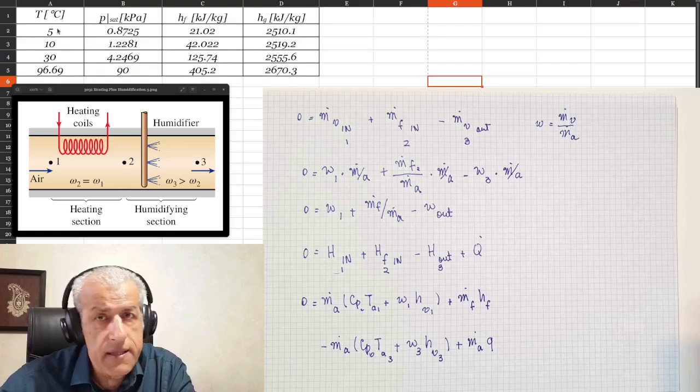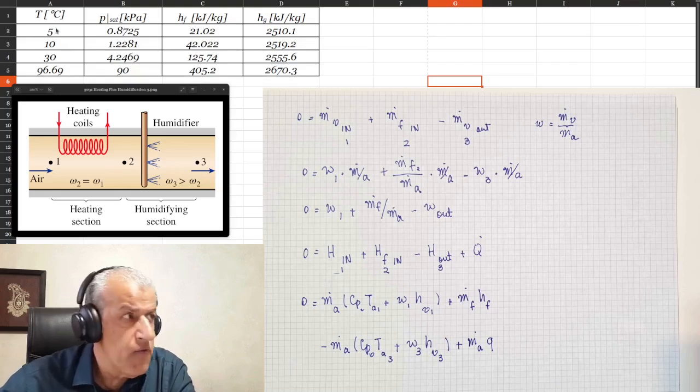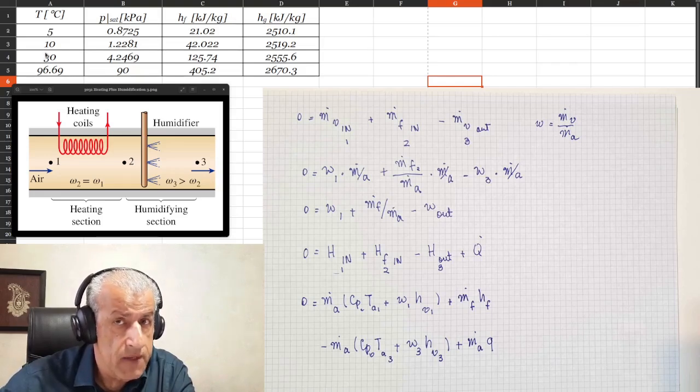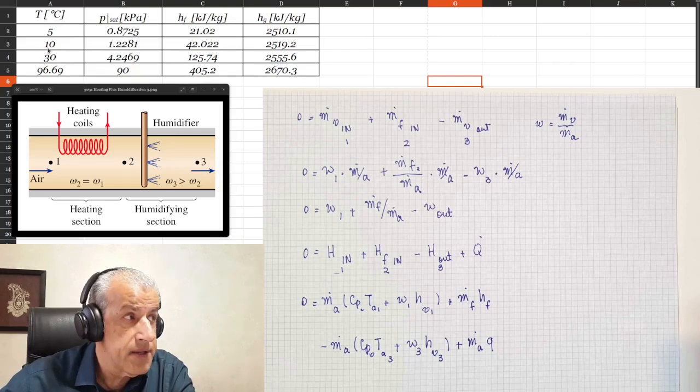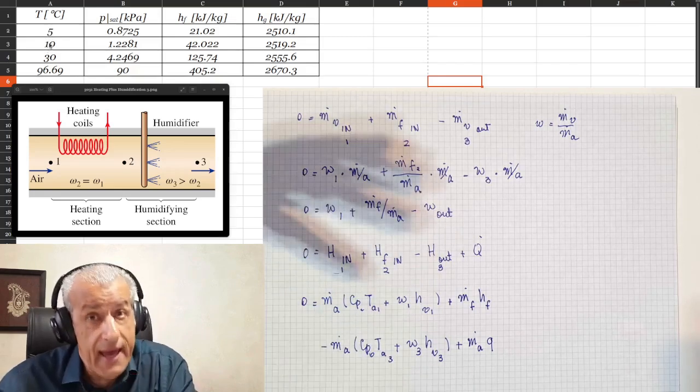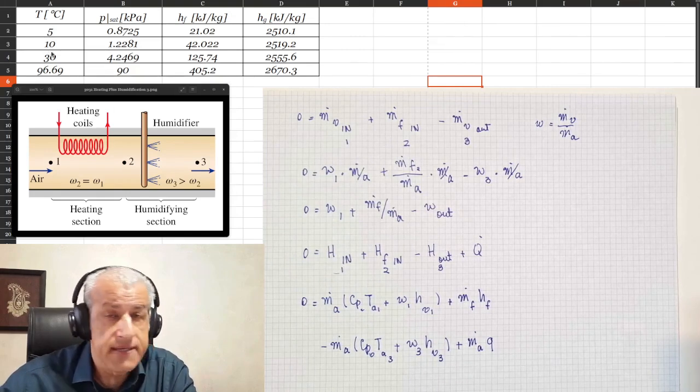In this problem, we have four dominant conditions: 5 degrees C, 10 degrees C, 30 degrees C. These are the different points: this is the incoming air, this is the incoming water that is added to the system, and this is the outgoing.